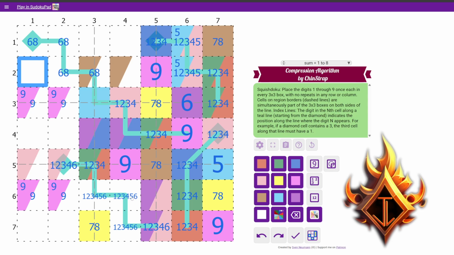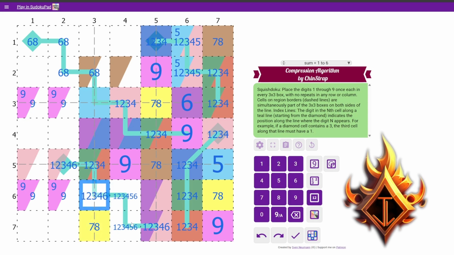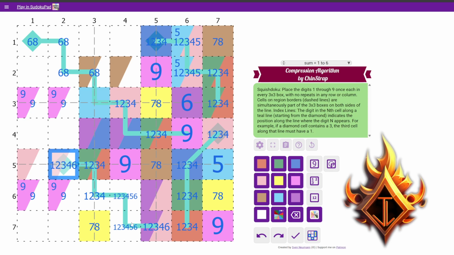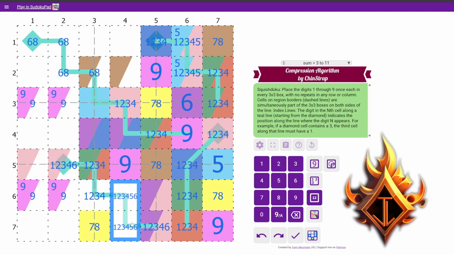Light blue, 5 is in one of these spots. So it is not there. Also dark purple is not there. Dark purple could still go there. Potentially. Oh, but it can't go here. Now that we know dark purple 6.